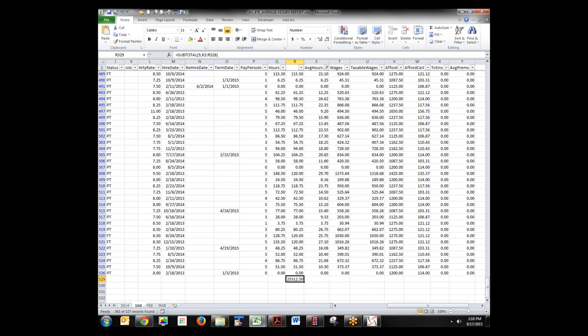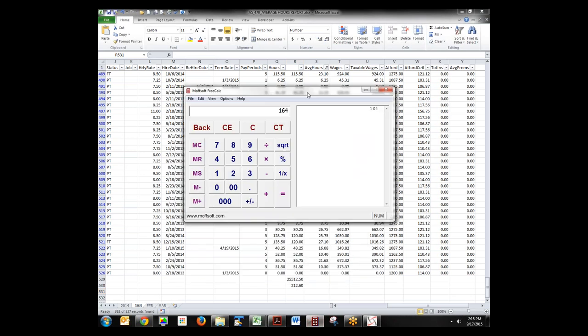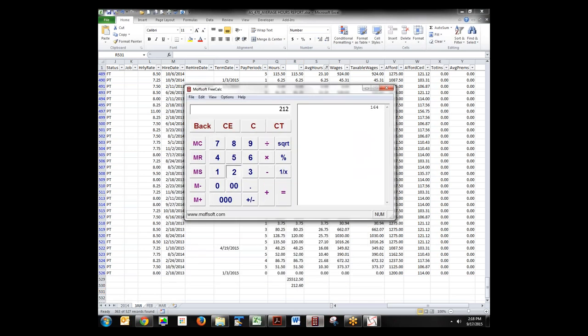So I've got 25,000 hours here, and then I'll just do another formula to divide that by 120. So I've got 212 full-time equivalent employees. So I add that to my full-time employees, and I'm rounding down. I've got 376 total full-time and full-time equivalent employees.